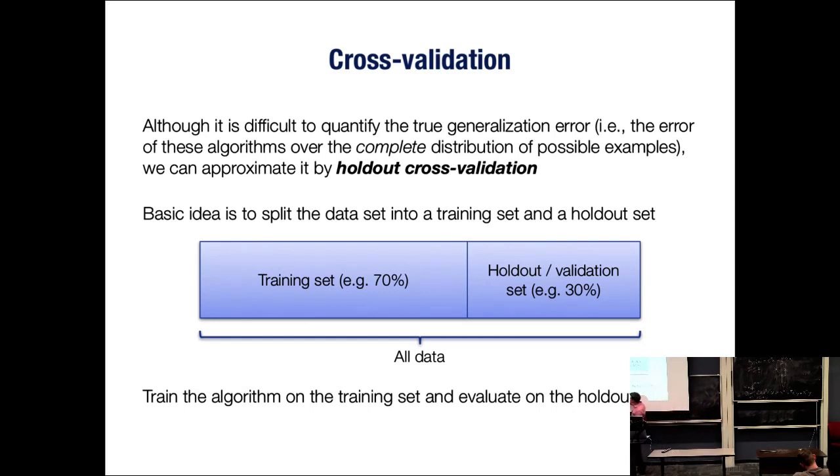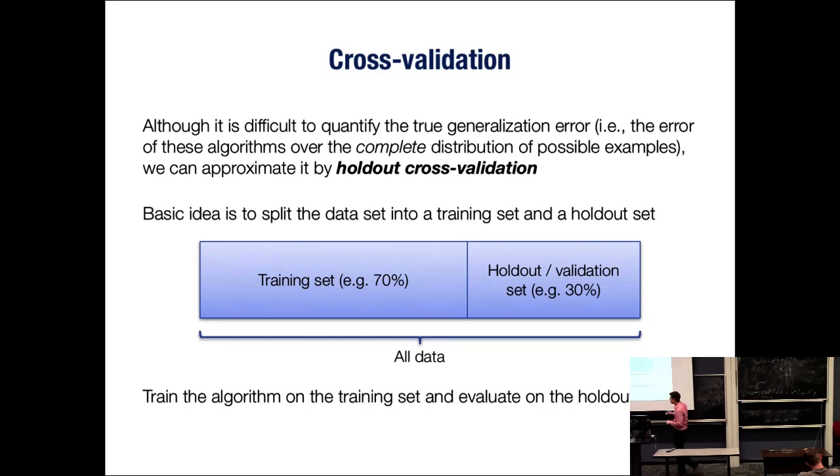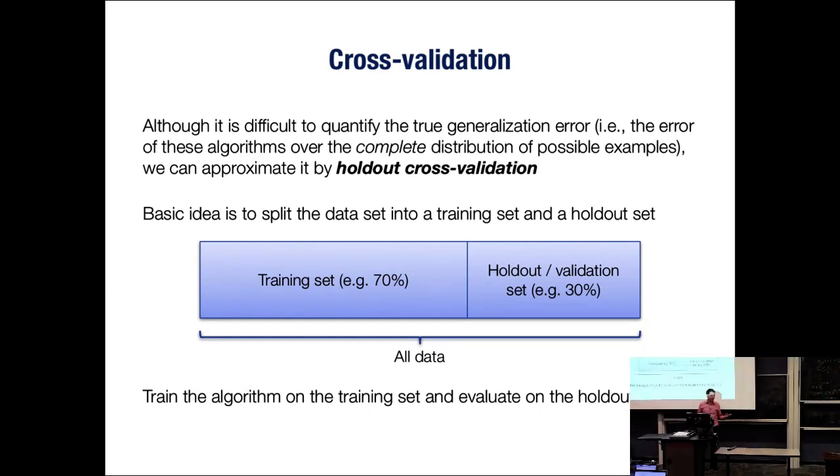Exactly like you would think, you take all your data and you split it into a training set and what's called a holdout or a cross-validation set. As you might imagine from its name, you train the algorithm on the training set.